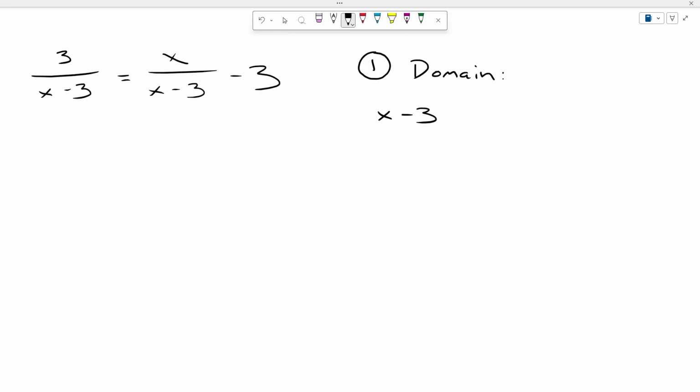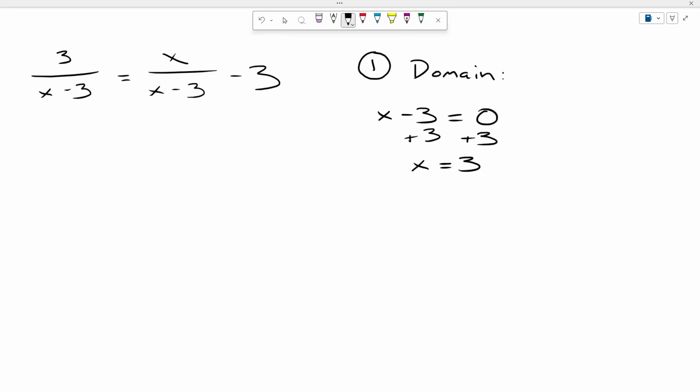So we have x minus 3 and set it equal to 0. Then we're just solving: add 3, and it looks like x equals 3. If x equals 3, we'd have 0 here, just like we'd have 0 here, and we cannot divide by 0 because that would make it undefined.